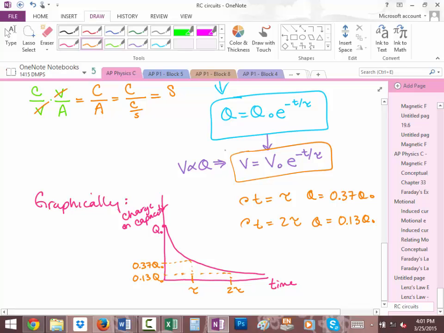So when is that capacitor fully discharged? Well, does it ever actually get fully discharged? No. But the book did point out that when t is about 5 tau, then you're at about 1% of the initial charge. So we're going to call that pretty much done.